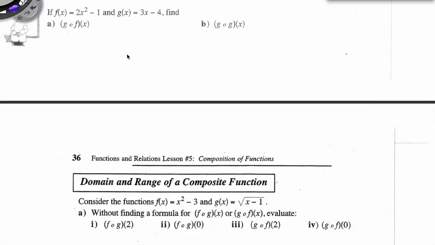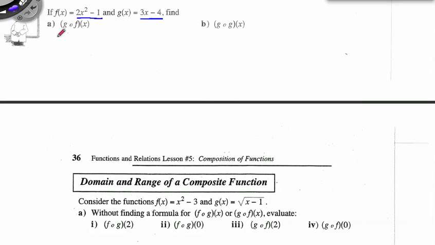Okay, class example 4. If f of x equals 2x minus 1, g of x is 3x minus 4. So let's just underline these two. They're asking for g of f of x. Well, I don't usually use this terminology.